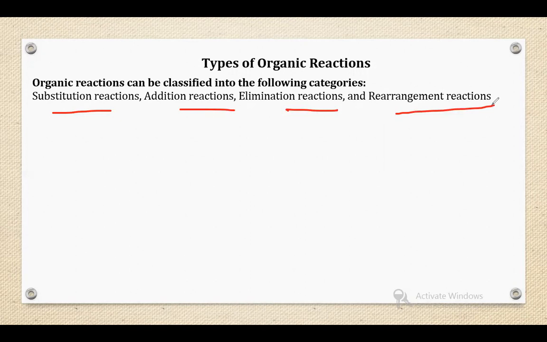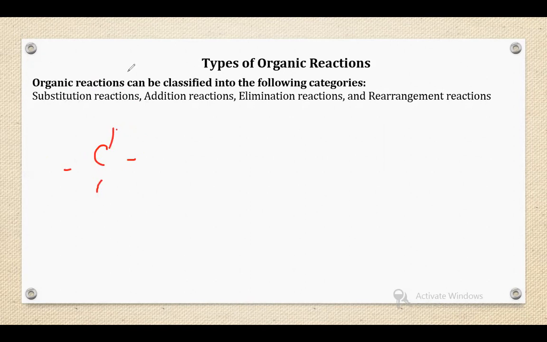To understand any organic reaction, these are the things you have to know. First, substitution reaction is where one group is substituted by another group. We'll see an example for each.